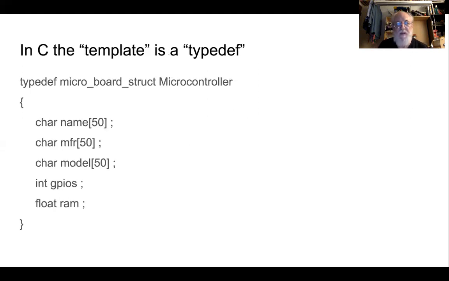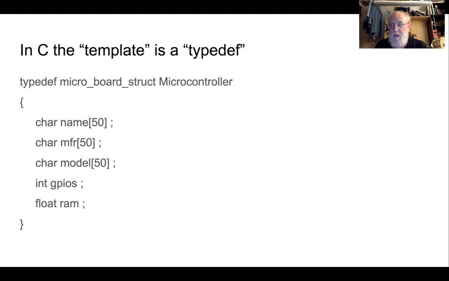So here's what that template or struct definition looks like in C, and it's actually called a typedef. Typedef means you get to define your own type and use it in your programs.